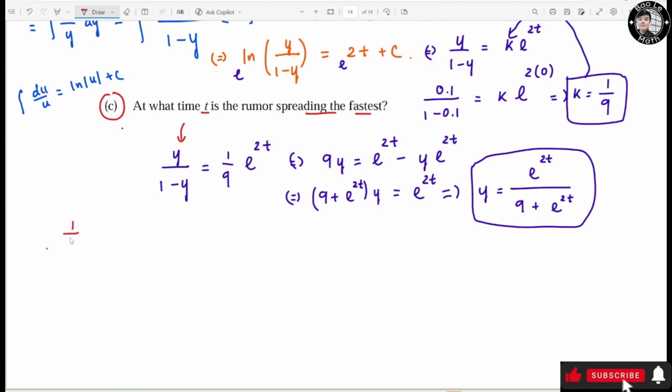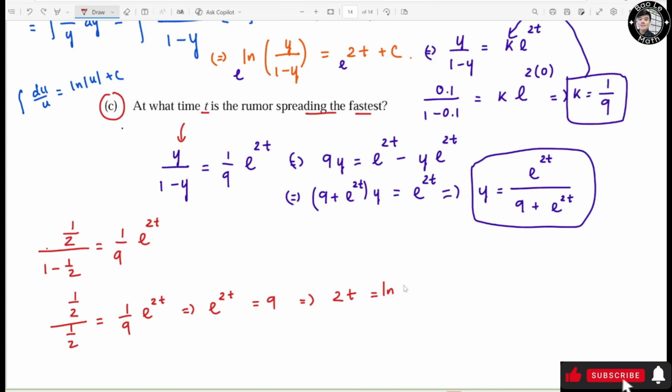So we have (1/2)/(1 - 1/2) = (1/9)e^(2t). So it's going to be (1/2)/(1/2) = (1/9)e^(2t), so this equals 1. Multiply both sides by 9, it's going to be e^(2t) = 9. Take the natural log of both sides, so 2t = ln 9.